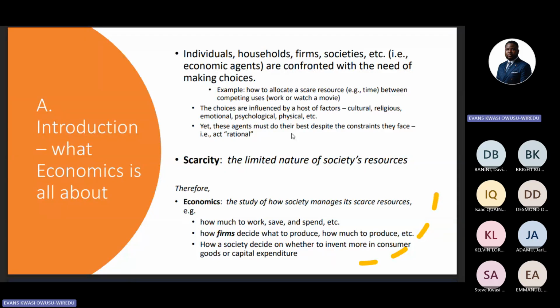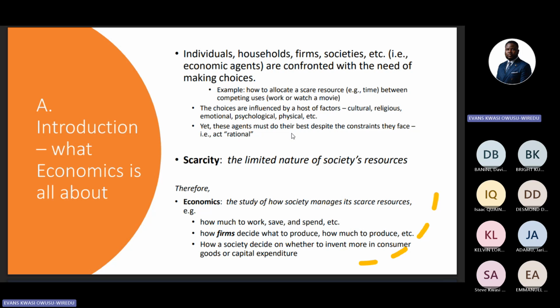Sometimes it's almost impossible, but in economics it has to be possible. You have to be able to use small. That's why those who study economics are said to be prepared people, because they want to use small things to achieve big things. And that is what economics is about.